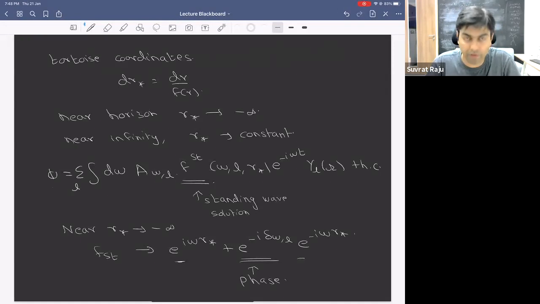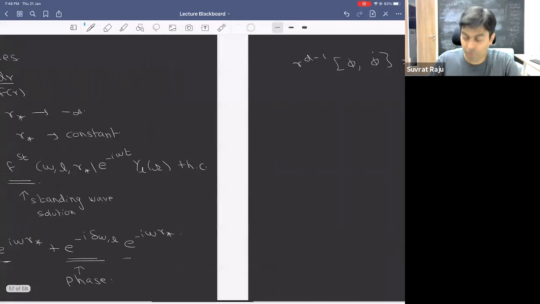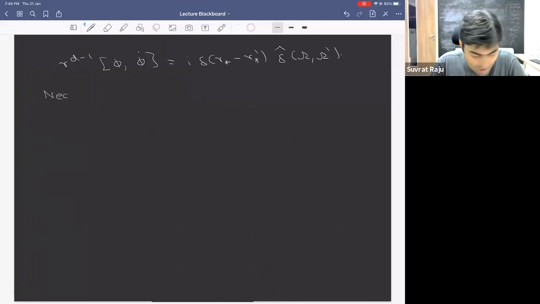So this is the expansion for the field. The field must obey the canonical commutation relations everywhere. Let me in particular try and demand that the field obey the canonical commutation relations near the horizon. If you do that, what will you find?